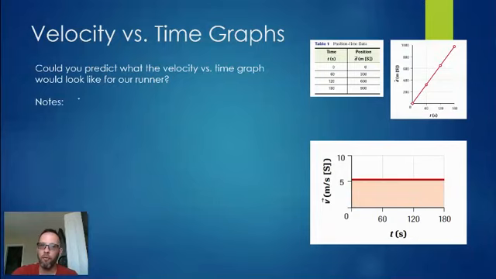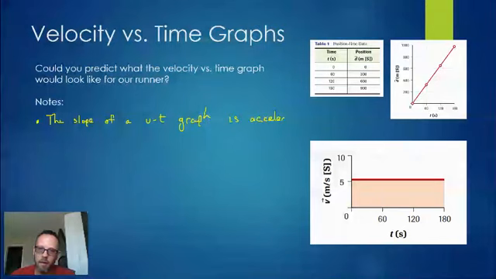So a couple notes for velocity time graphs. We talked about the slope of a DT graph, the position time graph. The slope of a velocity time graph, and maybe you recall this from grade 11 course, is acceleration. We'll talk more about acceleration in our next video lesson. I'll add a little note here.